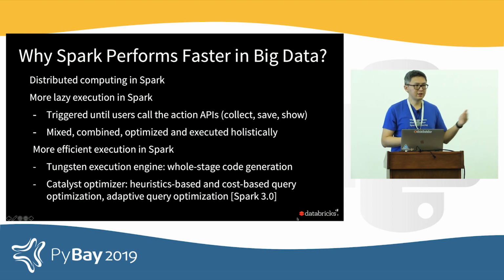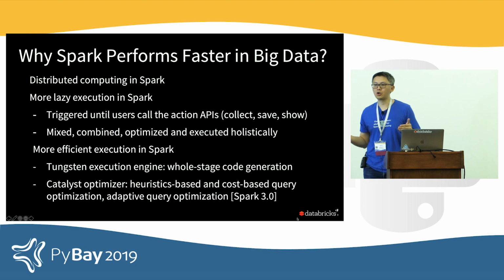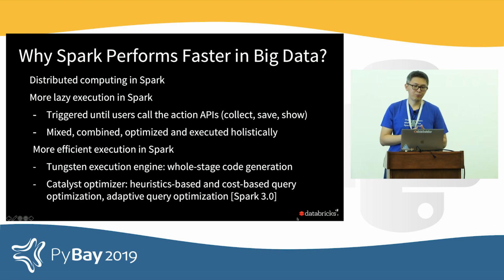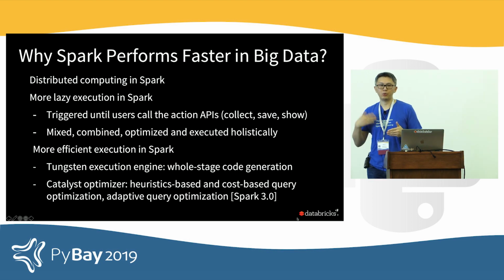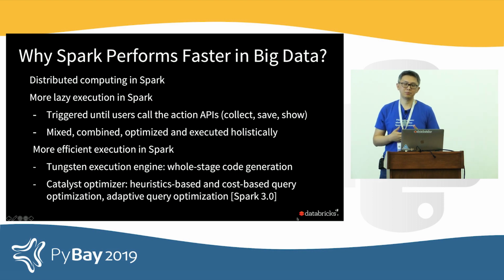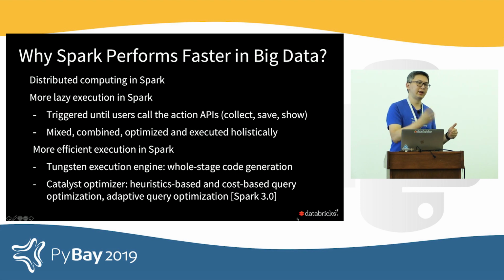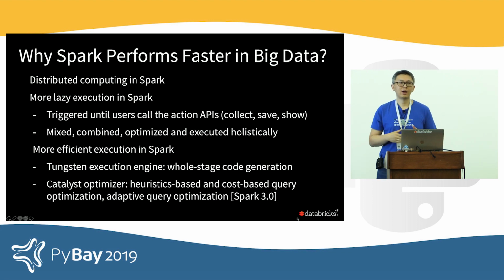Our execution engine uses whole-stage code generation, and our optimizer is heuristic-based and cost-based. In the upcoming 3.0, we will also introduce adaptive query optimization, which means at runtime, we collect statistics based on your input data set and change the plans at runtime.